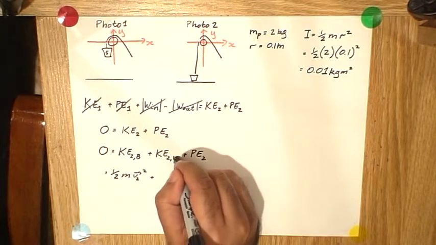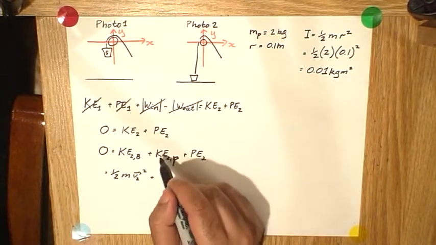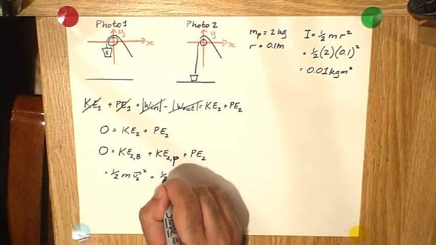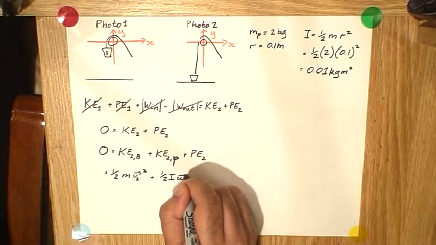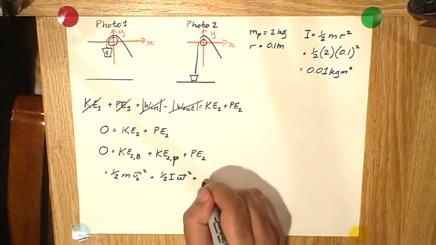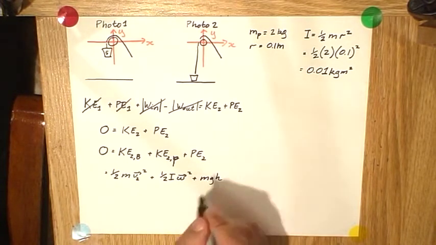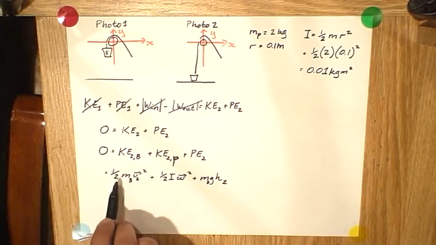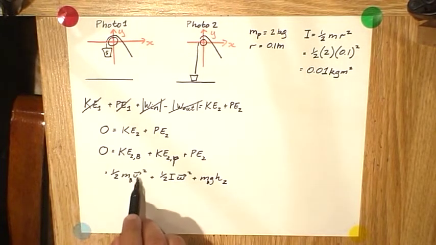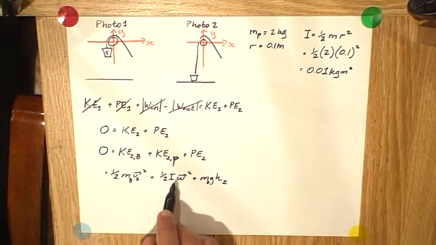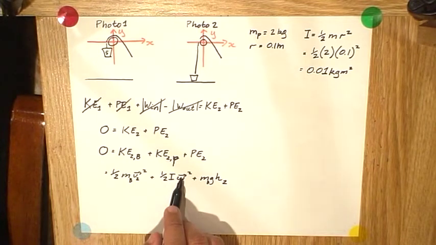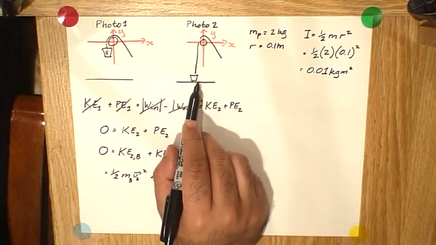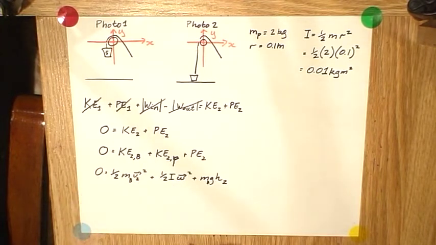The kinetic energy of the pulley is the kinetic energy due to rotation, so that's going to be 1/2 times I times omega squared plus PE2, that's mgh, where m is the mass of the bucket. So the kinetic energy of the bucket, 1/2 m v squared, plus 1/2 the moment of inertia of the wheel times angular velocity squared, plus mass of the bucket times g times the height, the negative height that it has here, will all sum up to 0.